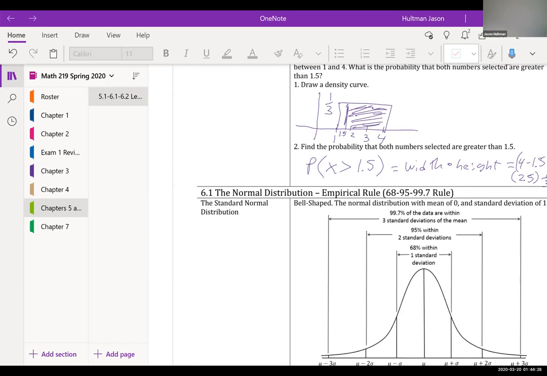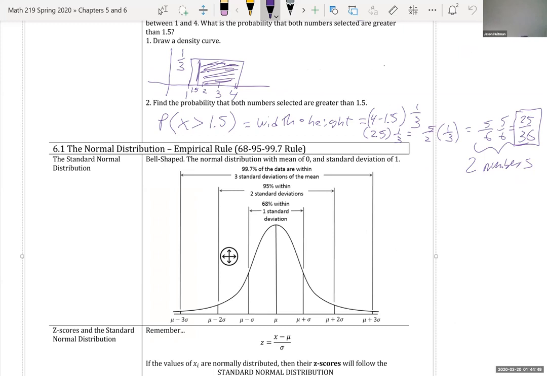Okay, any other questions on anything? And we're going to move into 6.1 now. More continuous distributions. Now we get into really the crux of statistics, and that's the normal distribution.